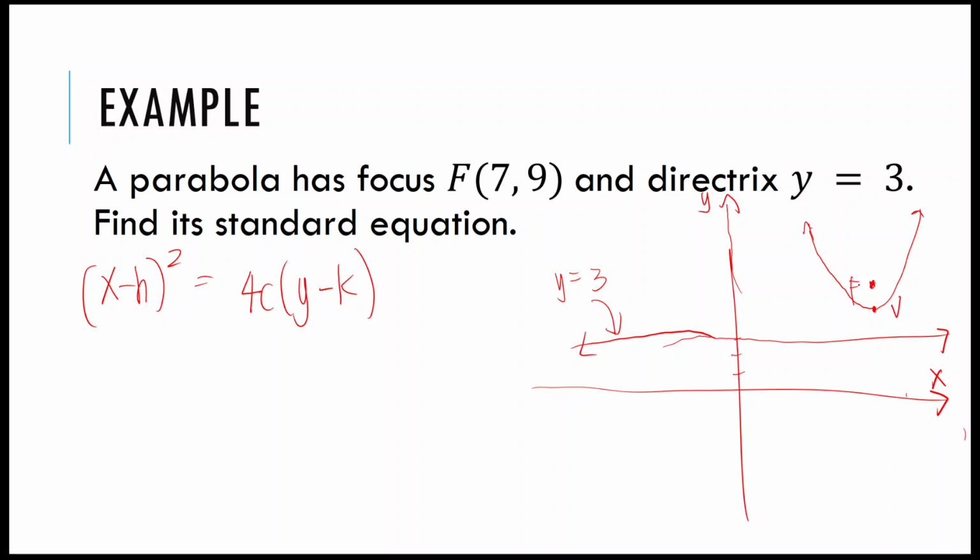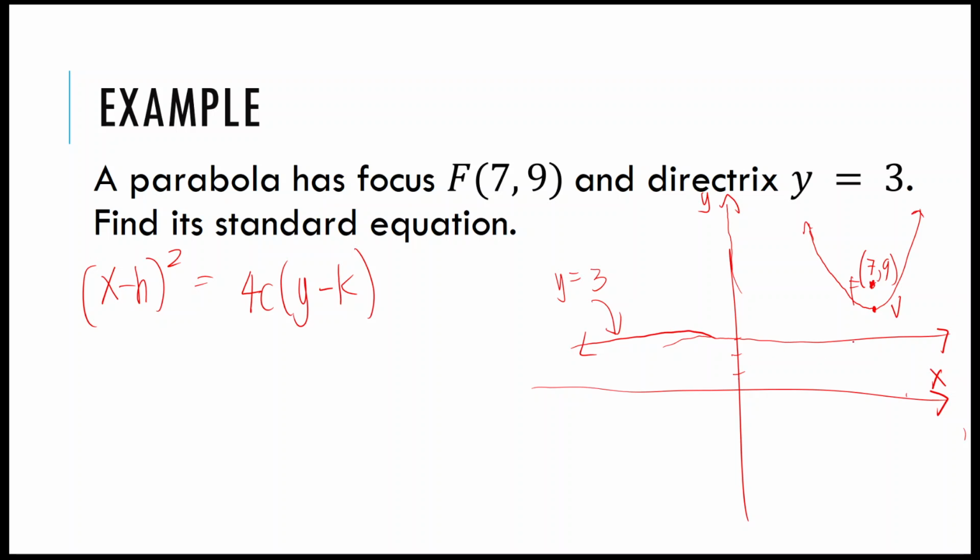Hindi tayo given ng vertex, tama? But we are only given focus and directrix. Pero alam natin that ang gitna ng focus at ng directrix ay yung vertex. So we can work on that definition or that property.